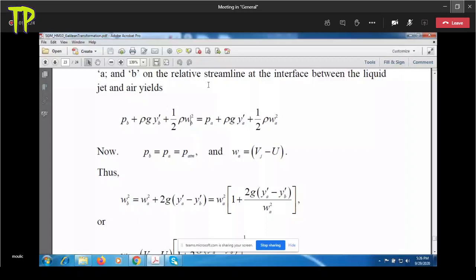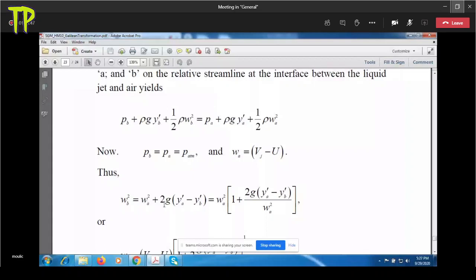You will have a relation that WB squared is equal to WA squared plus 2g times the difference in the vertical heights, yA prime minus yB prime. Since the pressure is cancelled out, the density will drop out from the other two terms, and you have this half here, so we can multiply by 2.